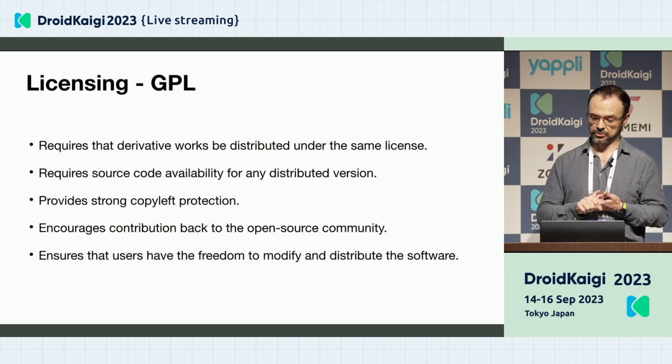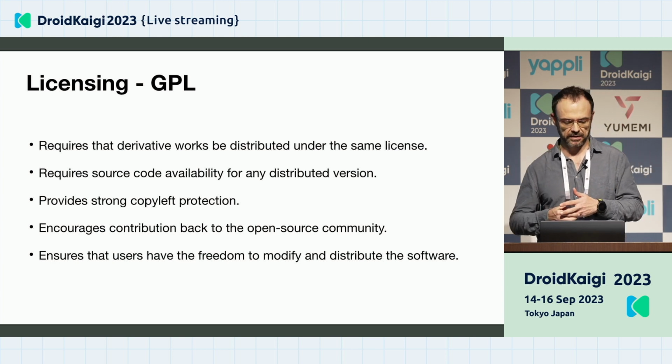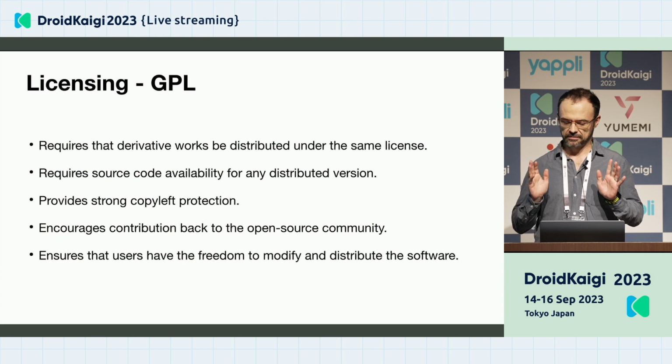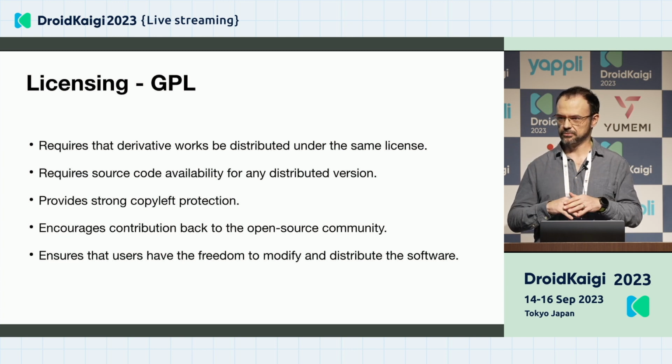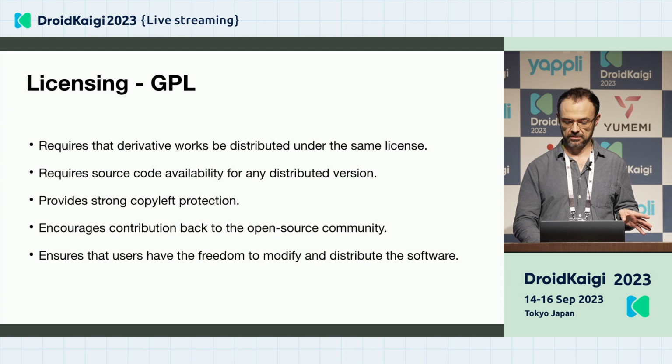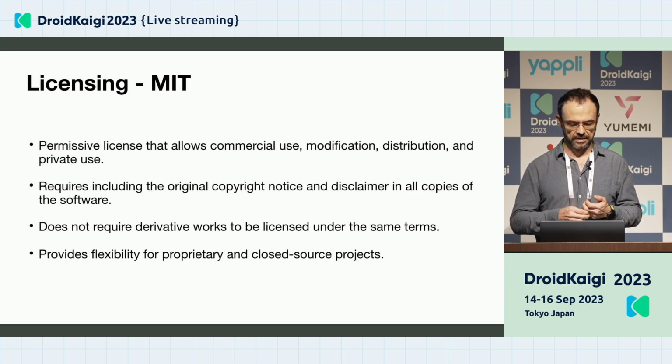It requires the source code to be available. So if you publish something under GPL, you cannot keep the source code as a secret. It needs to be on GitHub or somehow needs to be provided. There is a strong copyleft protection, encourages the contribution back to the open source community, and users are free to modify, distribute, do whatever they want with the software as long as they are respecting the GPL license.